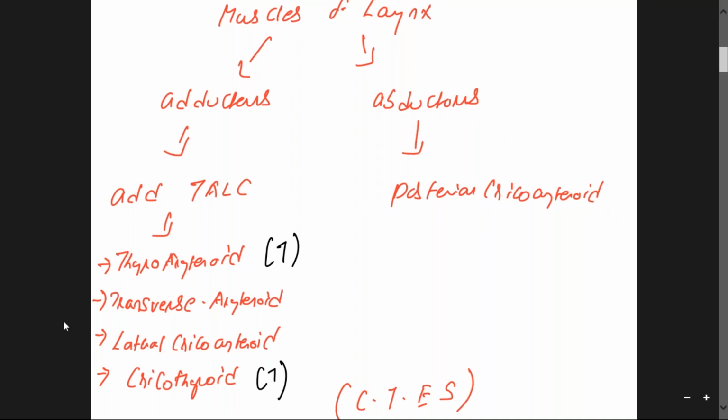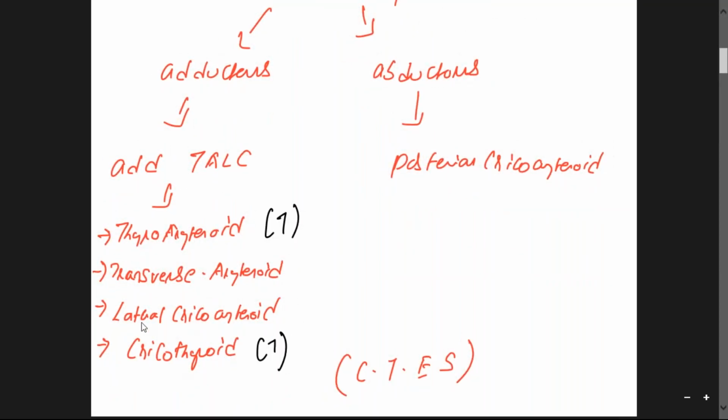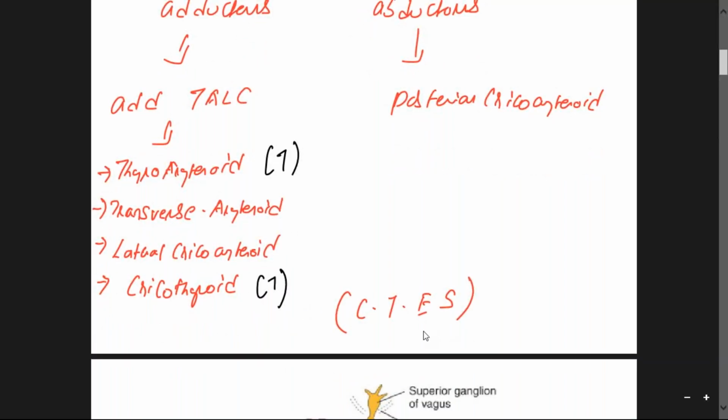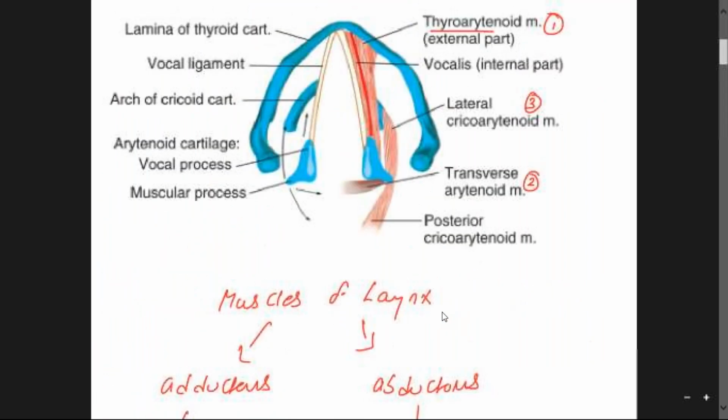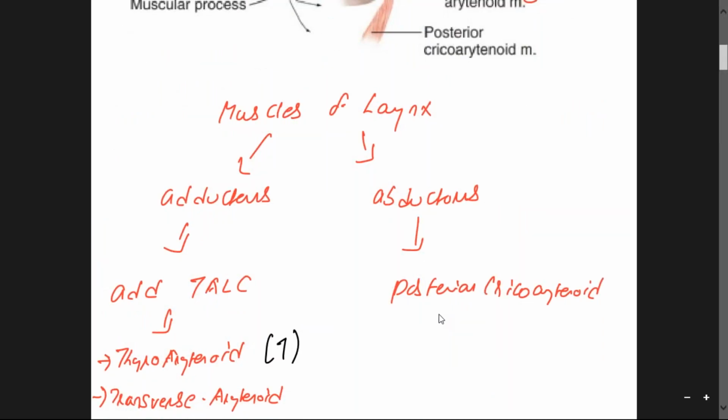All these muscles, except cricothyroid, are supplied by the recurrent laryngeal nerve, whereas the cricothyroid is supplied by, remember this mnemonic, CTES: cricothyroid, external branch of superior laryngeal nerve. So you have to remember that. These are important MCQs also. Only two mnemonics you have to remember.